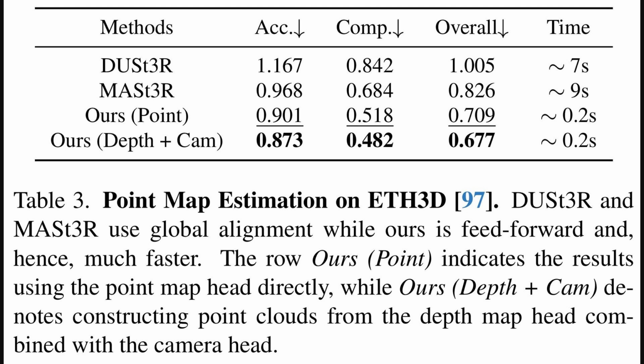And again, check out the speed, only 0.2 seconds compared to 7 or 9 seconds. What's also neat is that if you construct the point cloud using VGGT's predicted depth and camera info instead, the result is even better, 0.677 overall. It really highlights how well VGGT can generate these point clouds and how fast it is.